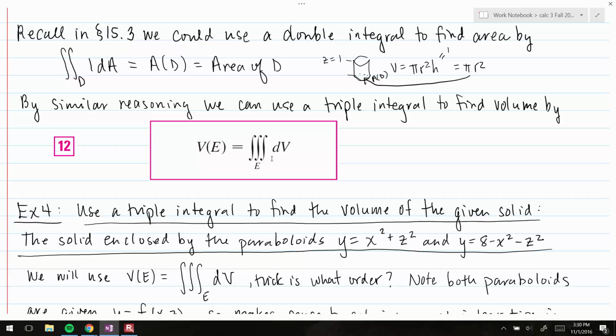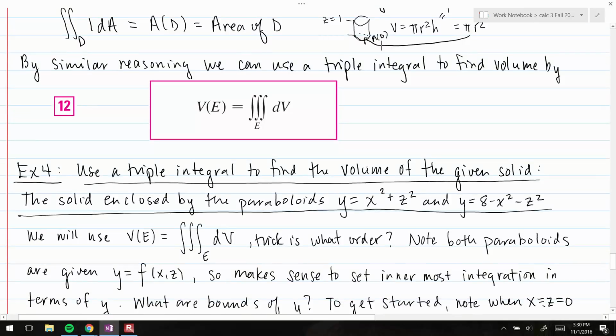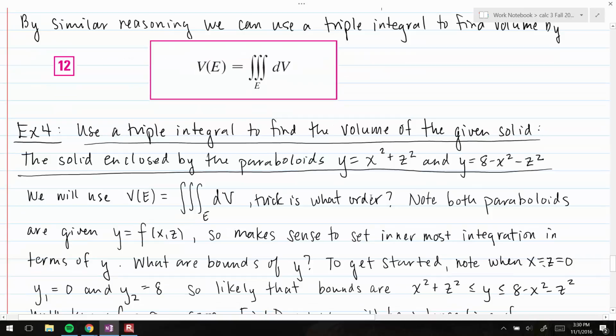Another way is we could use a double integral, where our function is something other than 1. An example would be using a triple integral to find the volume of the solid enclosed by the paraboloids y equals x squared plus z squared and y equals 8 minus x squared minus z squared.